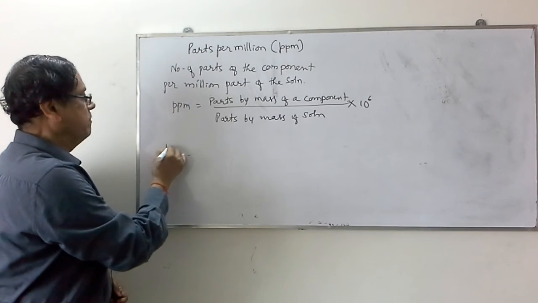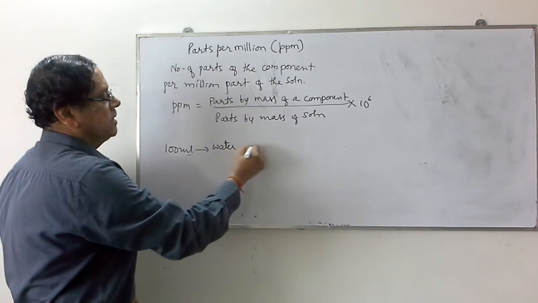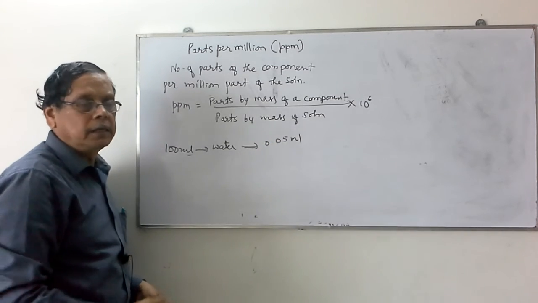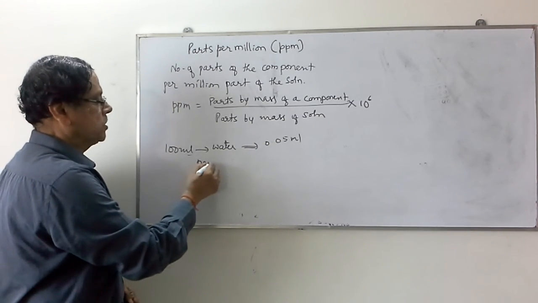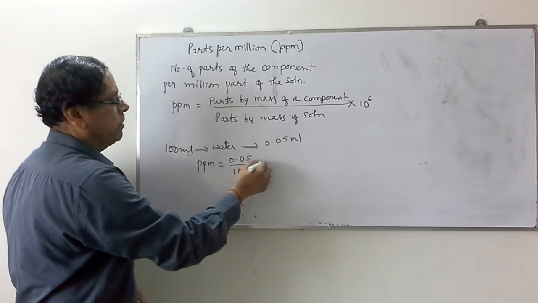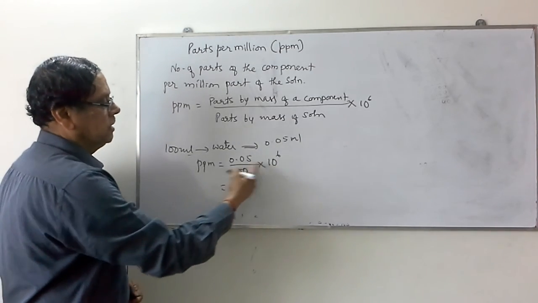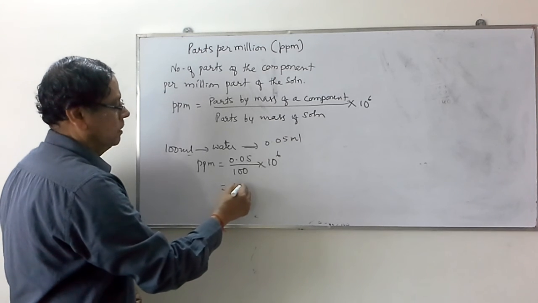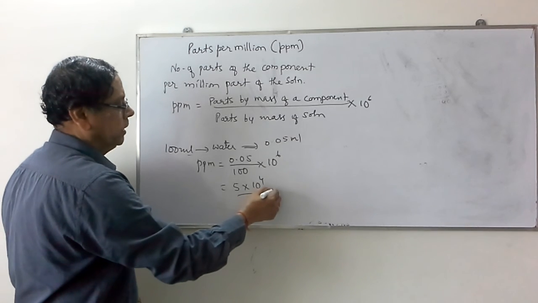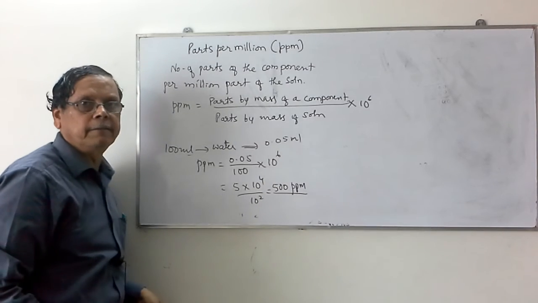Suppose I take 100 ml of polluted water that contains an impurity of, say, 0.05 ml. Then the parts per million can be expressed as 0.05 divided by 100 multiplied by 10 to the power 6. This gives 5 into 10 to the power 4 divided by 10 to the power 2, which is 500. So it is 500 parts per million.